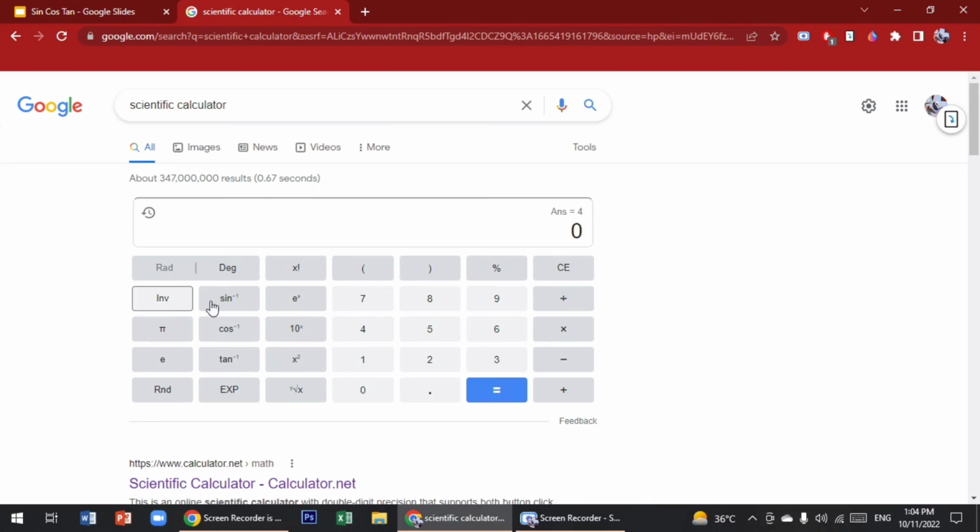So if I want to do this on Google, I'm just going to press INV, that's inverse, and here you can just see that I have inverses: sine minus 1, cos minus 1, and tan minus 1. So because I'm dealing with tan for this question, I'm going to click tan inverse. So I have something like this arc tan, and that's 8 divided by 3.